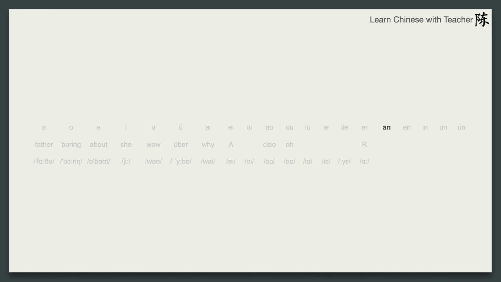The final AN is pronounced an, like you hear the sound in one. The final EN is pronounced N. It sounds like EN in when, but in the Chinese pronunciation, the letter E is pronounced pretty short.